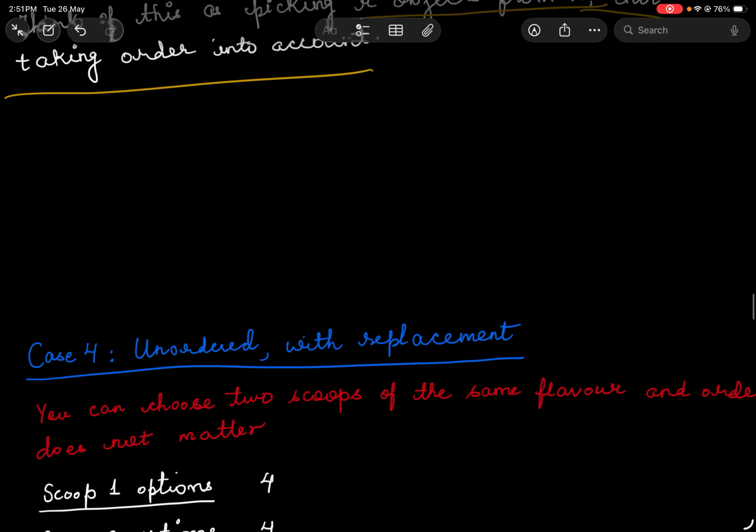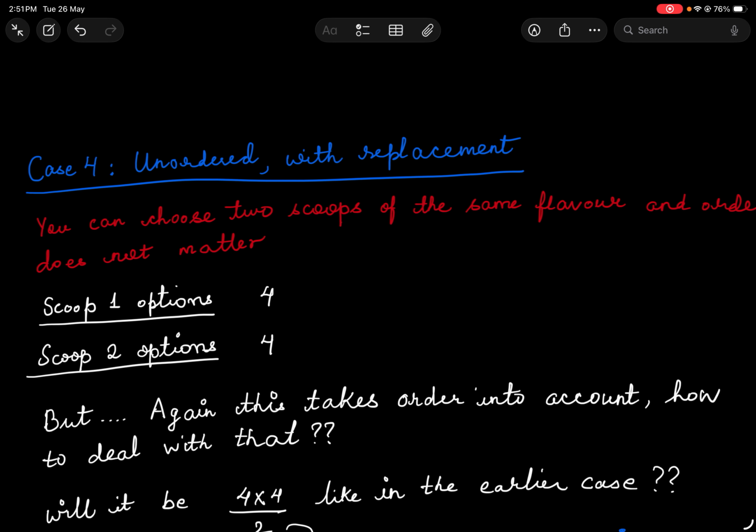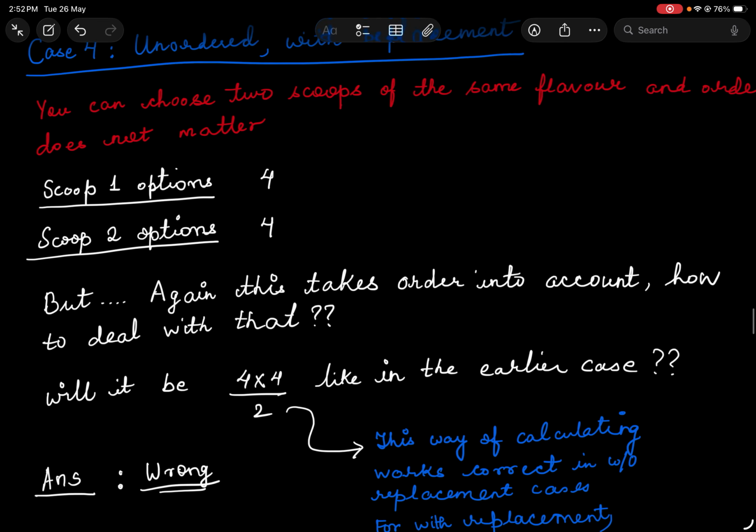Let's go further. Now, this is the 4th case, which is unordered and with replacement. So you can choose 2 scoops of the same flavor, and order doesn't matter. Here you can choose scoop 1 in 4 options and scoop 2 in 4 options, but this also takes order into account.